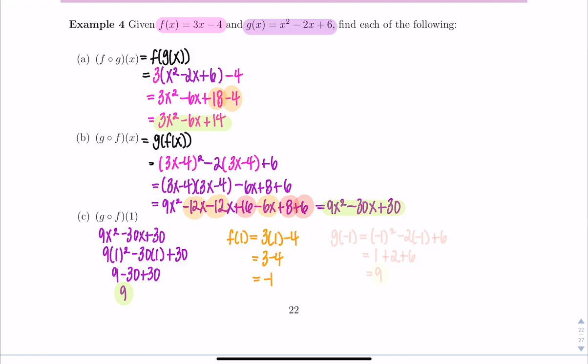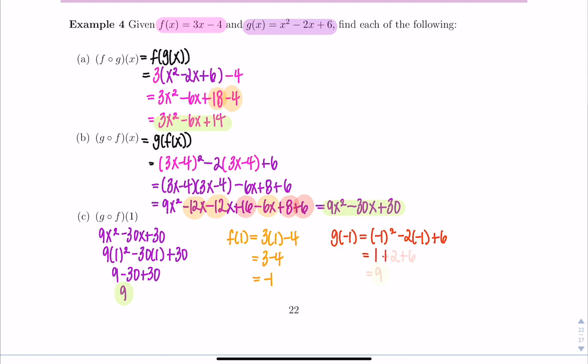So f of 1 is negative 1. We're plugging negative 1 into g. So g of negative 1. Well, that's negative 1 squared minus 2 times negative 1 plus 6.